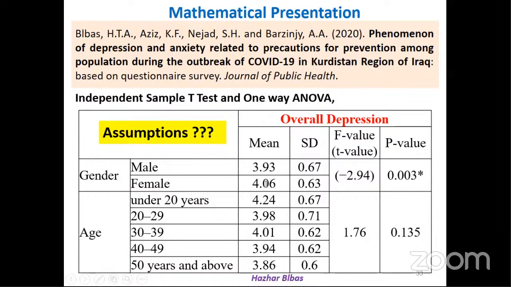If you look here, depending on the mean, the depression of female is higher than the depression of male in that title, which talks about the phenomenon of depression and anxiety related to the question of the prevention among population during the outbreak of COVID-19 in Kurdistan as a region of Iraq. It means the women got more depression than men in that research.